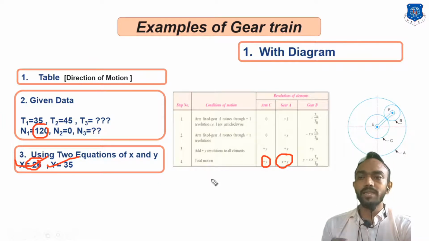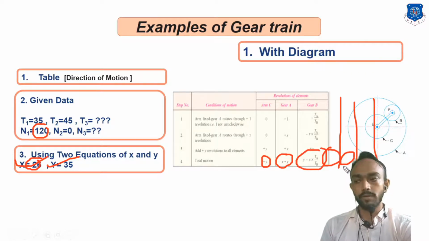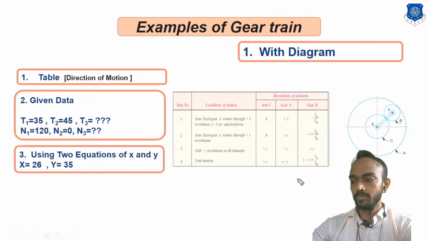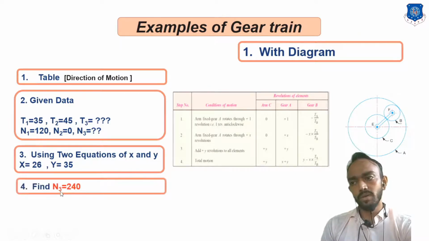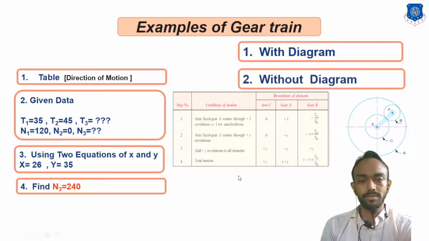After you find X and Y, you can find any RPM from these columns. There may be lots of gears, and you can find the RPM of any gear by putting the values in the bottom of the column. So after that you will find the RPM, but there are some level-up, meaning harder, examples as well.